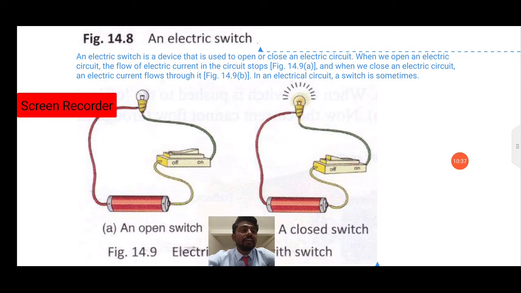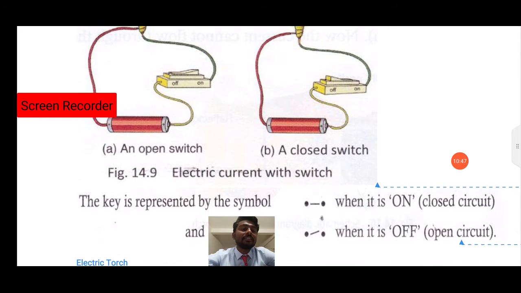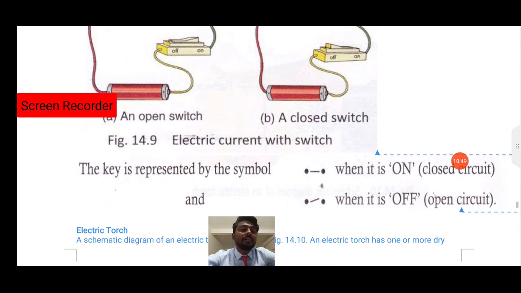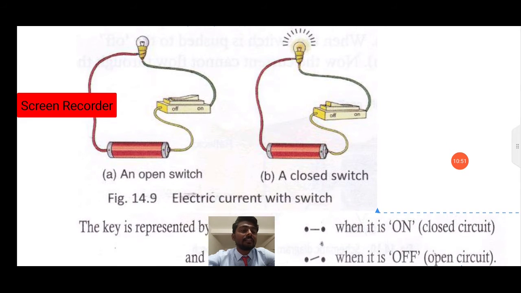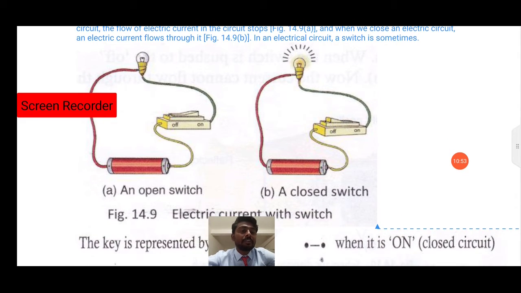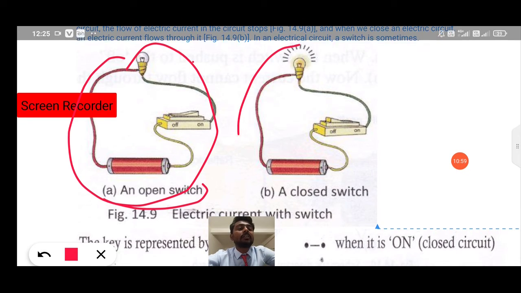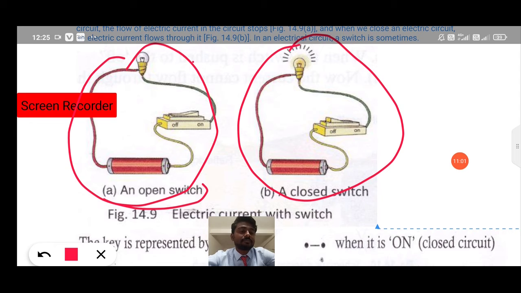And when we close the electrical circuit, electric current flows through the electrical circuit. So this is an open switch. It is a closed switch.